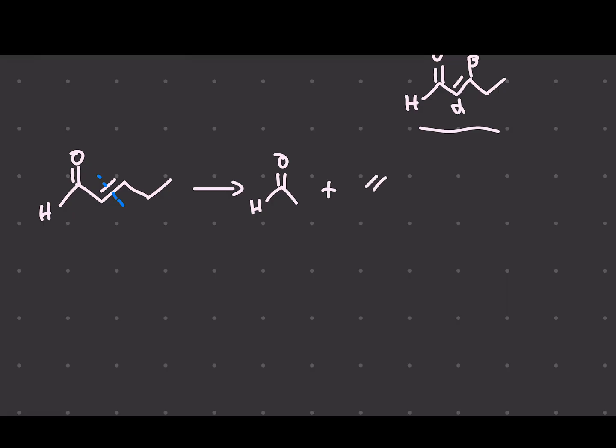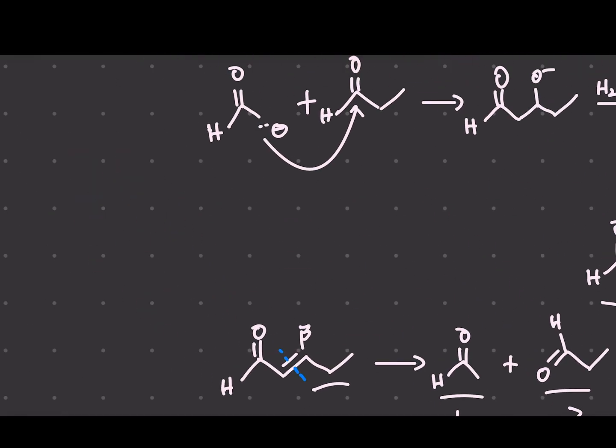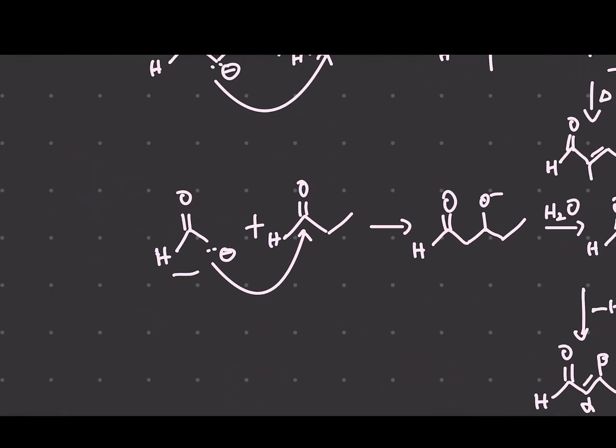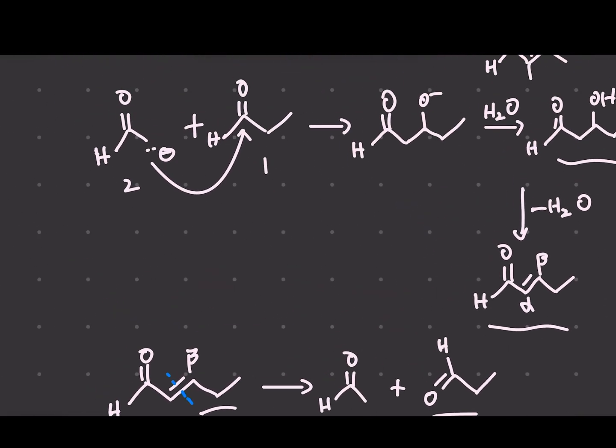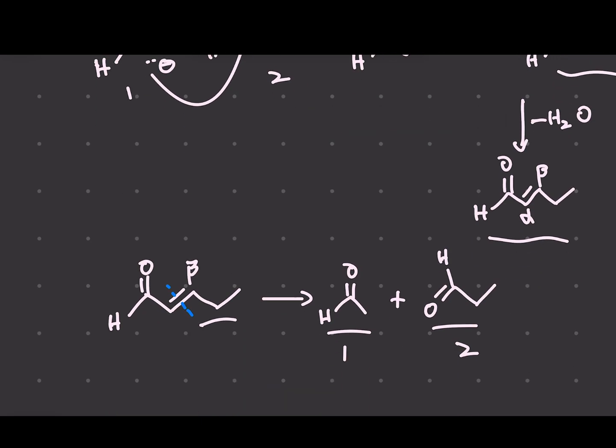We're going to keep the double bond on the part with the aldehyde carbonyl, the beta part, and we're just going to add oxygen to it, and this is going to give us back our 2 starting materials. So this is reactant 1, this is reactant 2. Sorry, 1 and 2 in this case. I numbered these wrong. But this is a very simple way to get back to the starting materials.